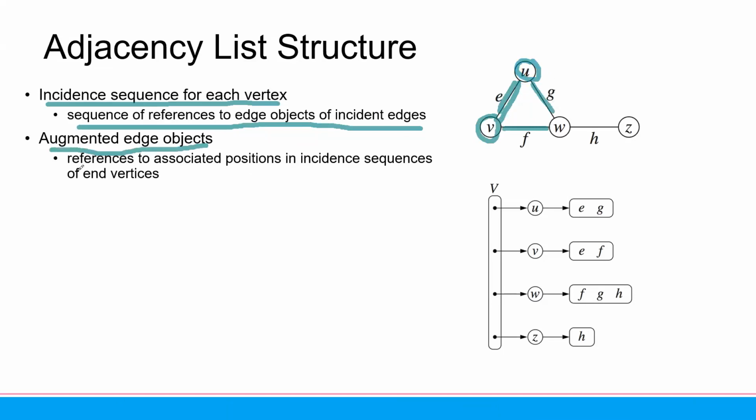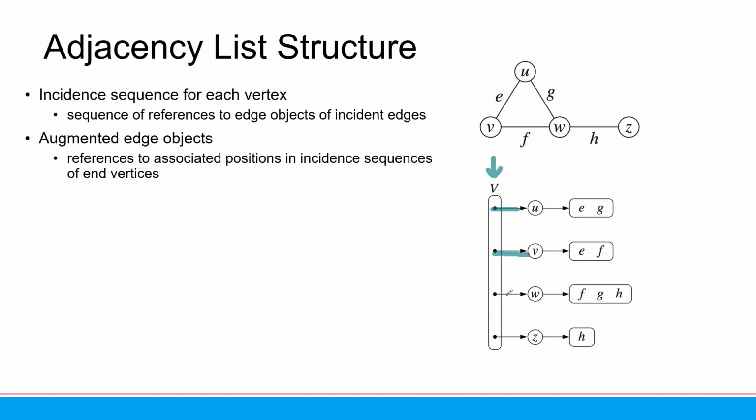Augmented edge objects means the reference to the associated position in the incident sequences of the n vertices. So this is the vertex sequence.